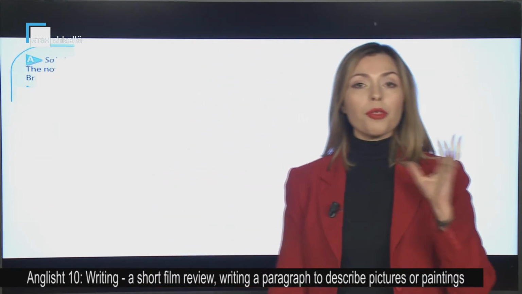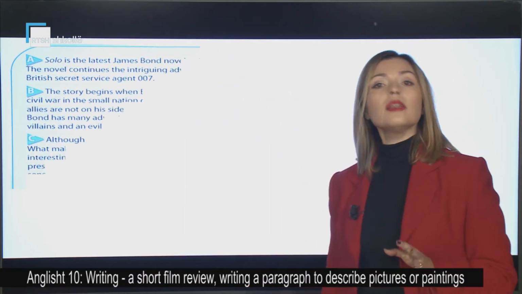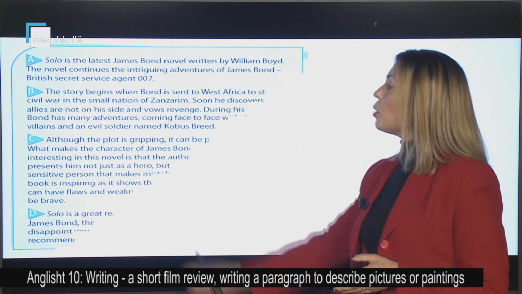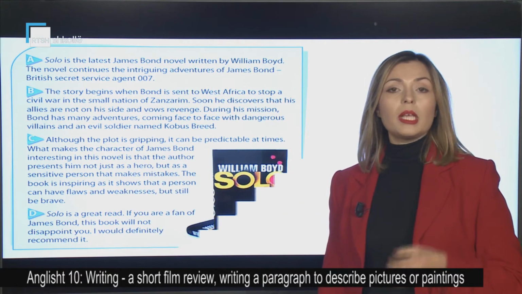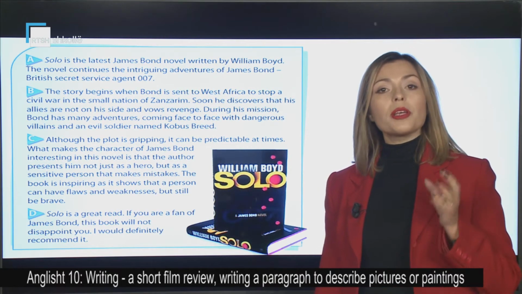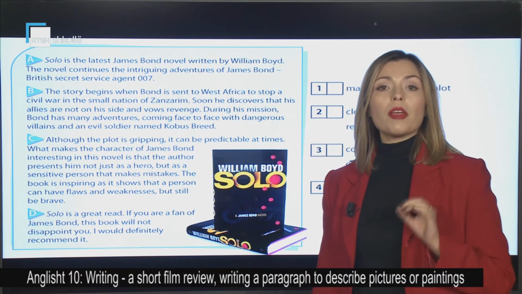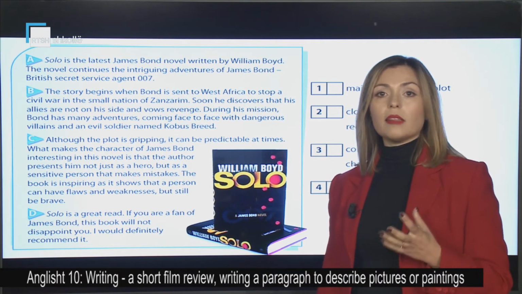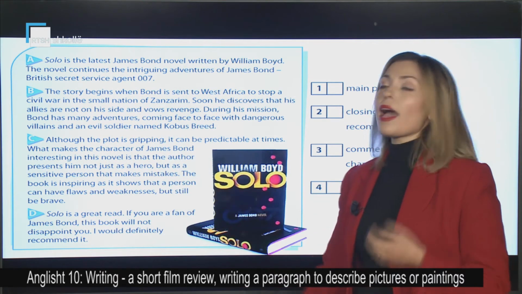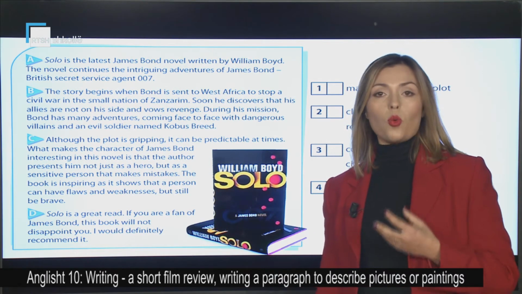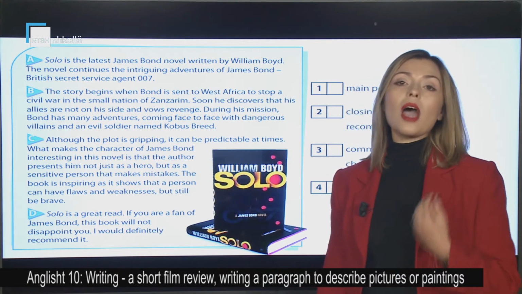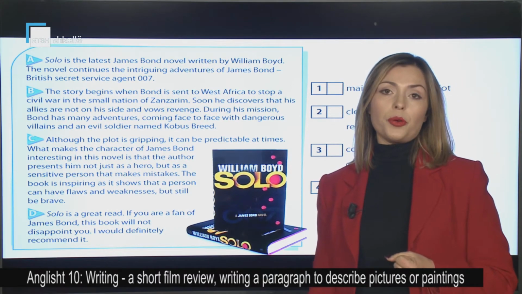Okay, after thinking of the rubric, then we are given the model. In the model, we're given all that information that we should focus on. And by analyzing the model well, then we can write our own book review.